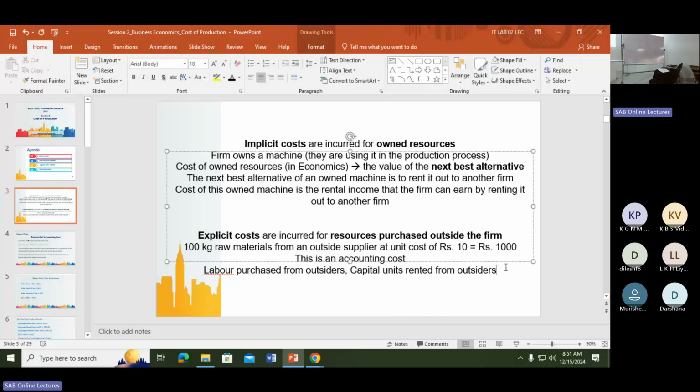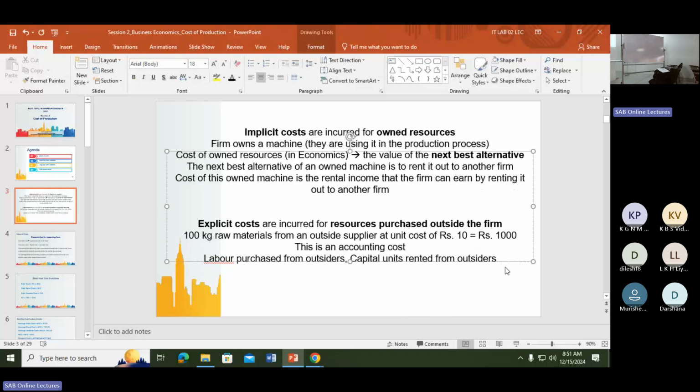So in economics, we talk about economic costs. Economic costs is the summation of explicit costs and implicit costs. Explicit costs are also called accounting costs.